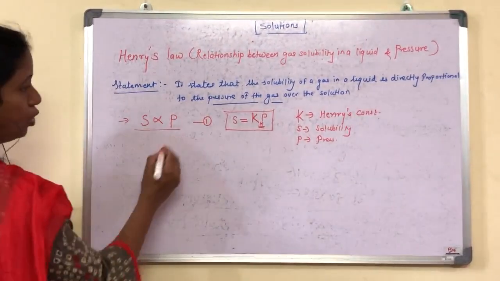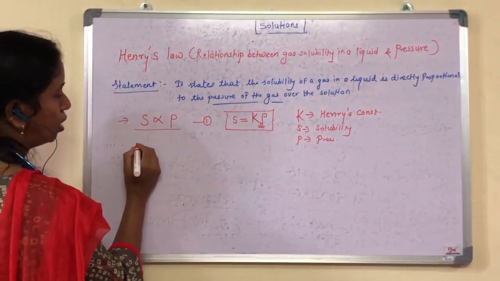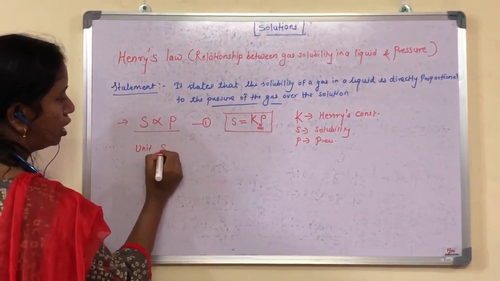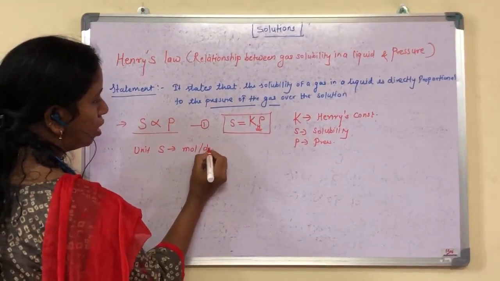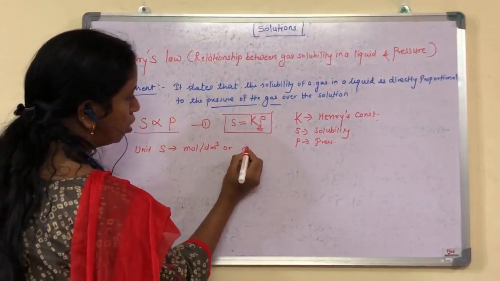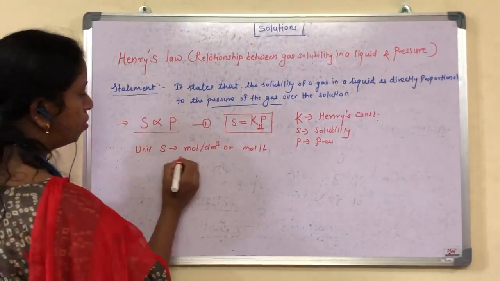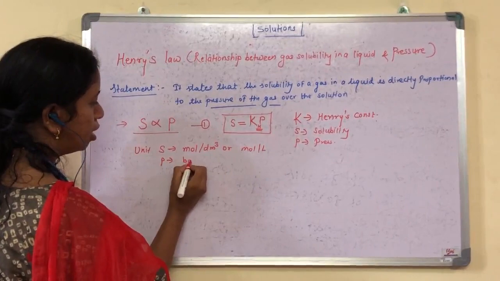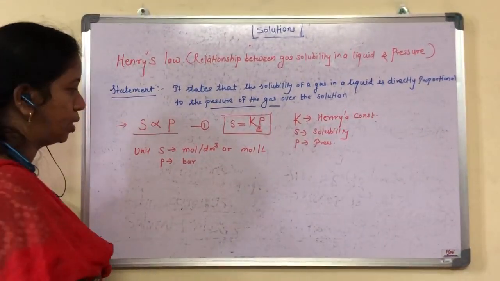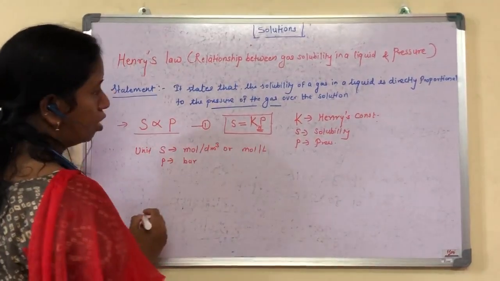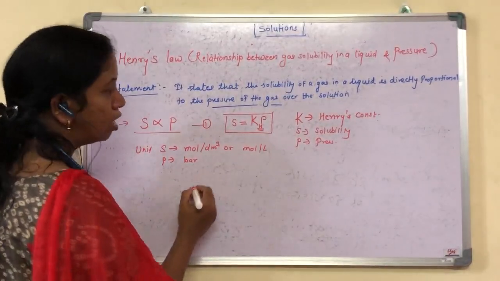The unit for solubility is mole per dm cube or mole per liter, and the unit for pressure is the barometric pressure, or it is also in atmospheric pressure. So what is the unit for K_H, the Henry's constant?